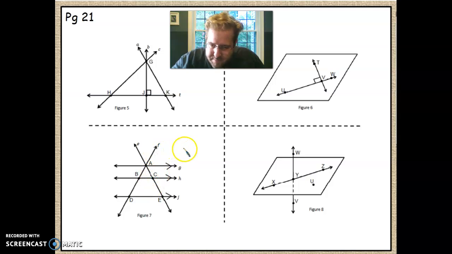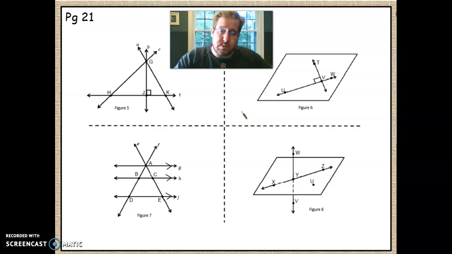All right, so down here, figure number 7, I would describe this as 3 parallel lines, G, H, and J, being cut by transversals E and F going opposite directions, but intersecting line G at point A. And lines E and F intersect line H at points A and C, and they intersect line J at points D and E. Now keep in mind, this is the way I would describe it.